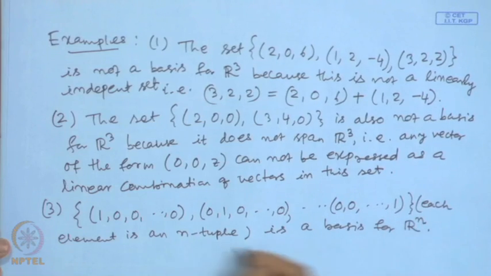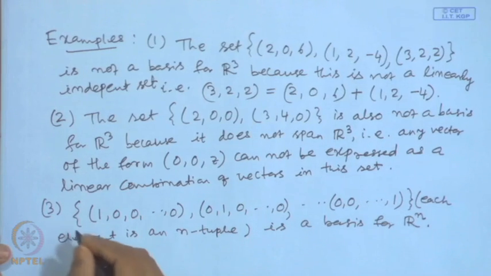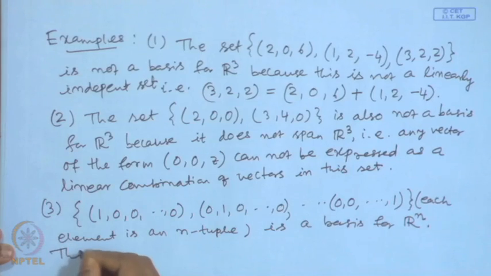One can easily check that this set of vectors forms a linearly independent set. One can also write it in echelon form and check this, and obviously any vector we take in Rn can be written as a linear combination of these vectors. So, this basis is called the standard basis of Rn.